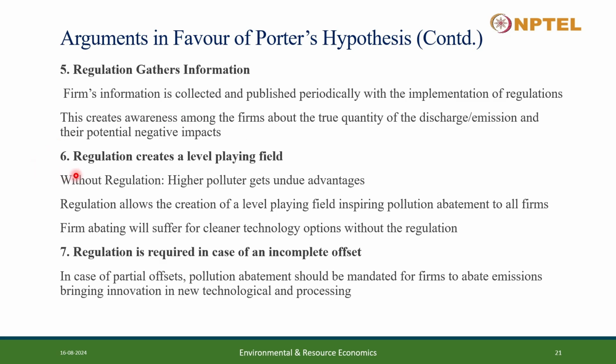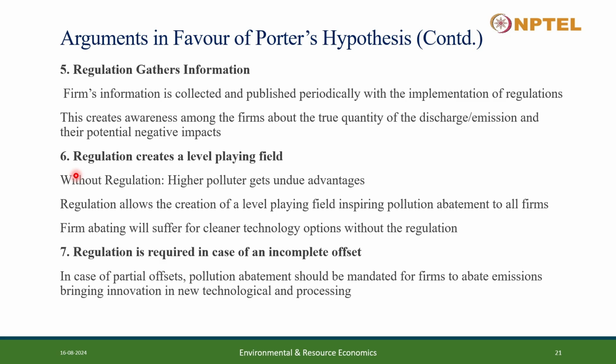And then the sixth point is regulation creates a level playing field. So what is a level playing field? Let's say there is firm A and firm B. Both firms will not invest in the cleaner technology, because cleaner technology or reduction in environmental degradation will lead to an increase in their cost, right?